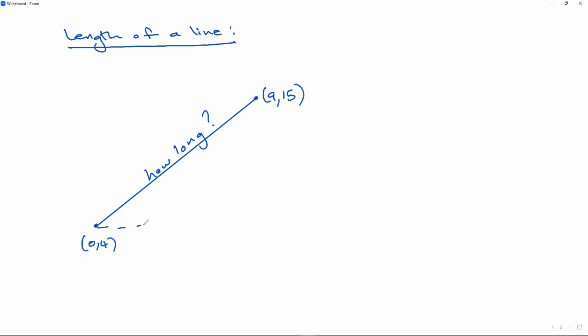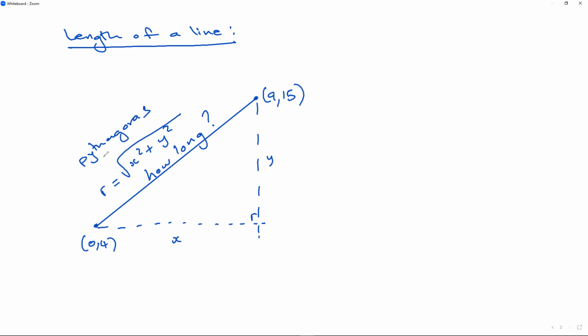The first thing you notice is that if I create a 90-degree triangle, I can apply Pythagoras' theorem, in which case I have a y value and an x value, and I can square them to get x squared plus y squared, add them, and then square root it to get how long the line is.